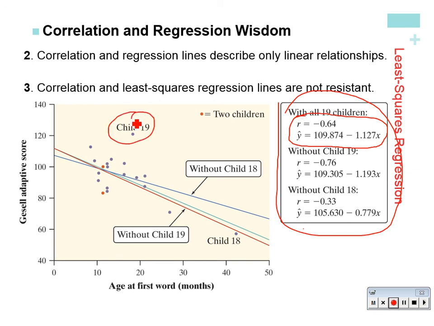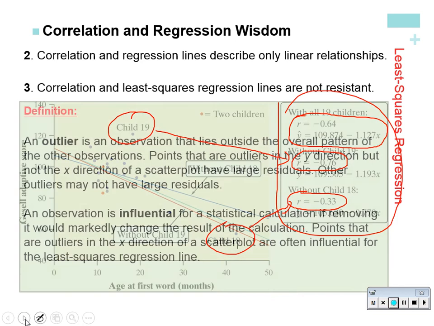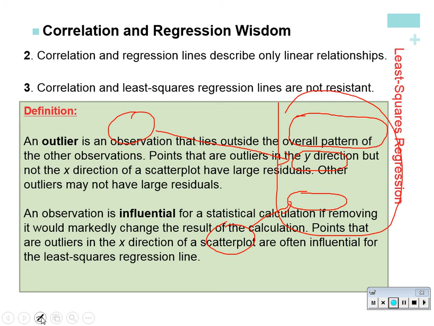If we take out child 19, if we take that point out of the data set, notice the correlation value gets stronger. And if we take out child 18, notice that the correlation value gets weaker. And we'll talk about some of the reasons as to why that occurs. So some different things involving those 2 points.